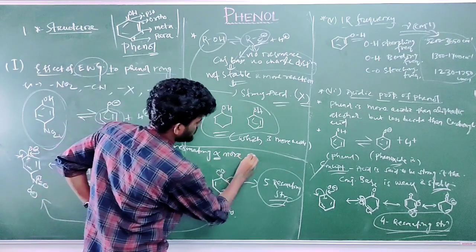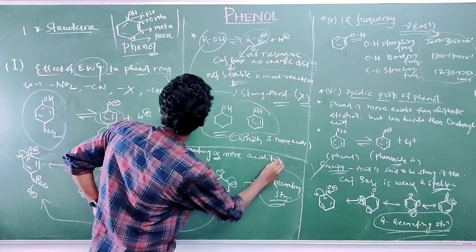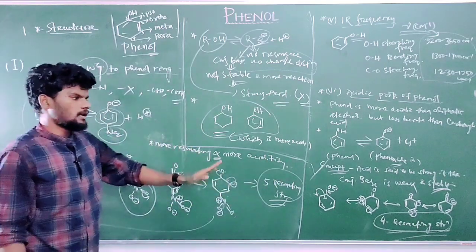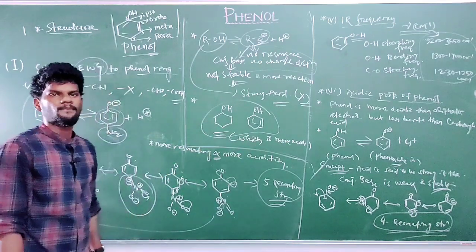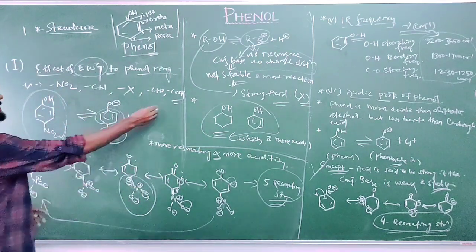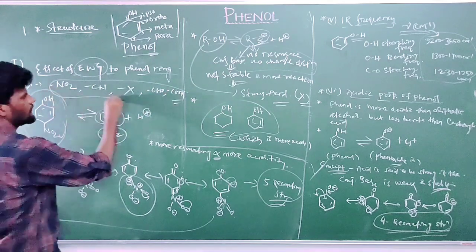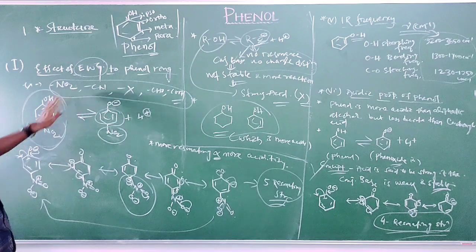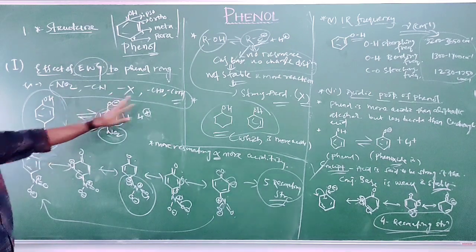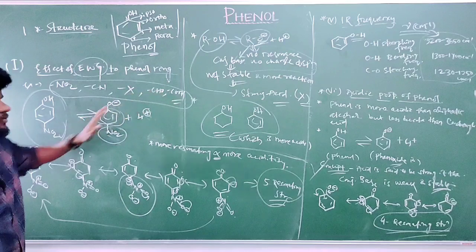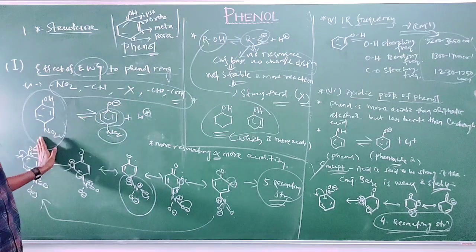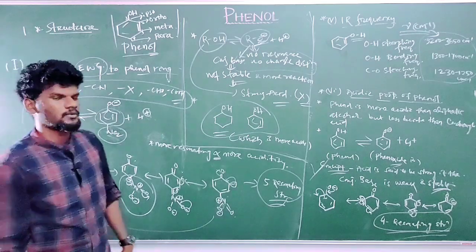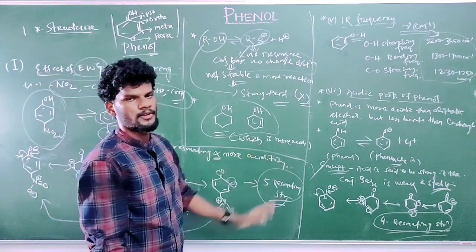That is why para-nitrophenol is more acidic than phenol. Also, the presence of any electron withdrawing group on the phenol ring increases the acidity. If instead of NO2, cyanide, halogen, CHO or COOH groups are attached to the phenol ring at the para position or any position, it increases the acidity even more than that of phenol.